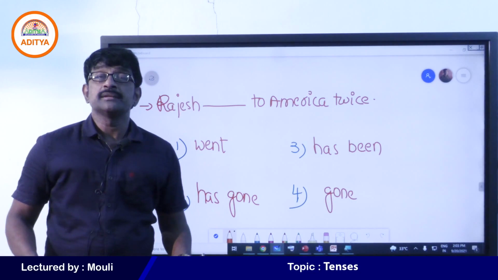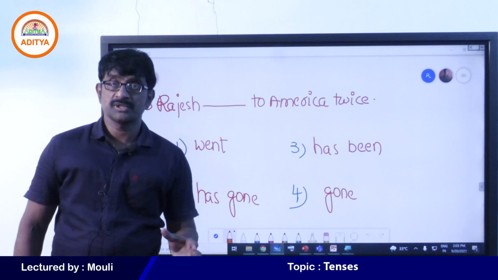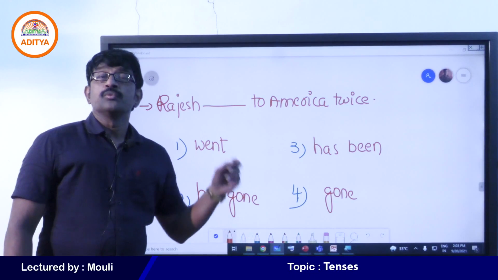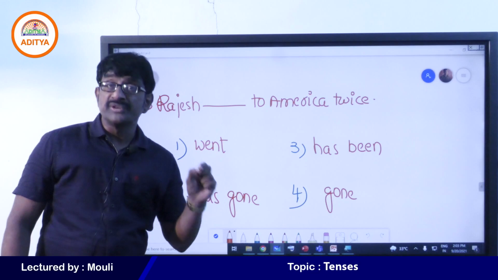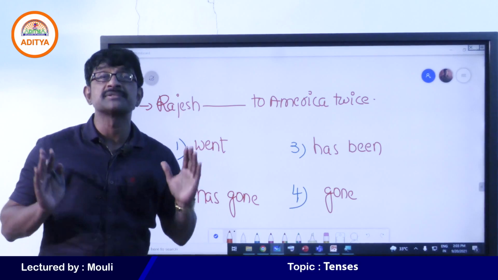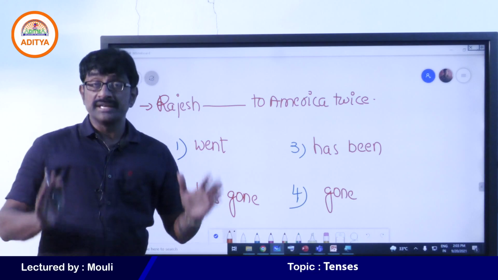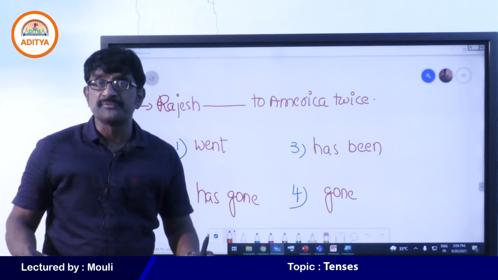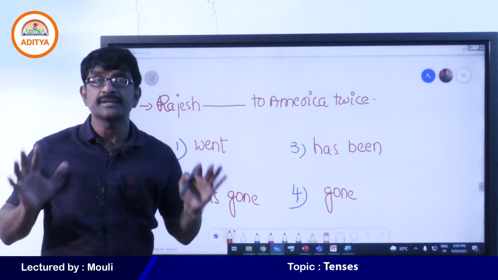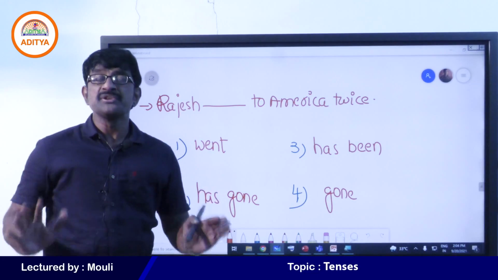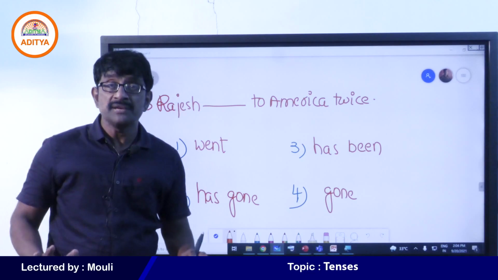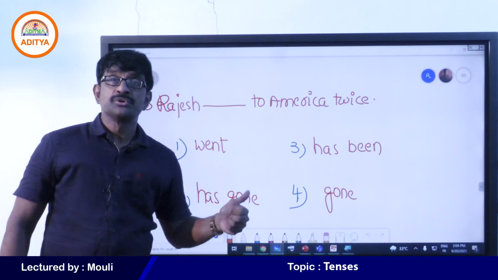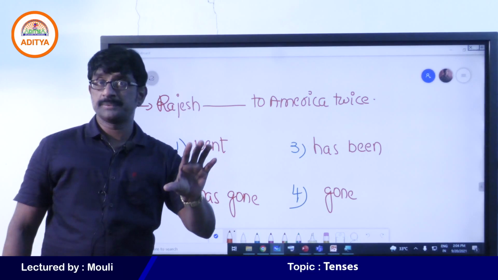We know very well one thing here, my dear students: we cannot use V4 or V3 as verbs directly. If you want to use either V4 or V3 as direct verbs, you should go with a helping verb.